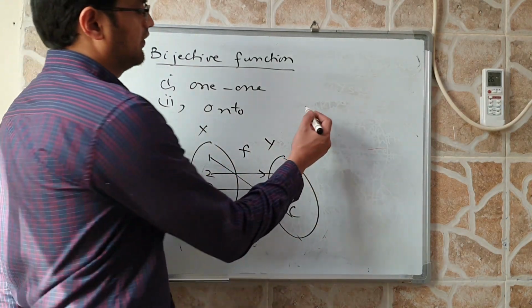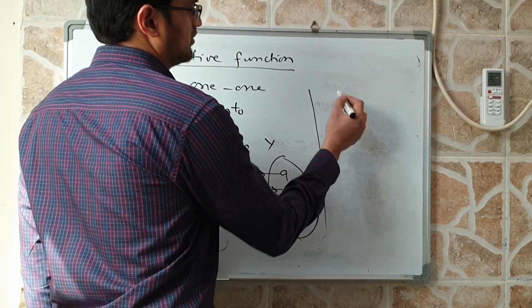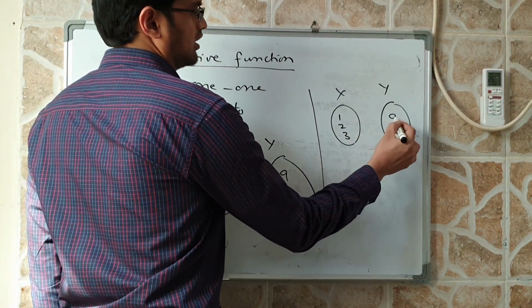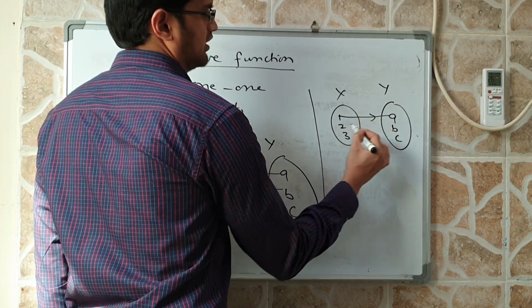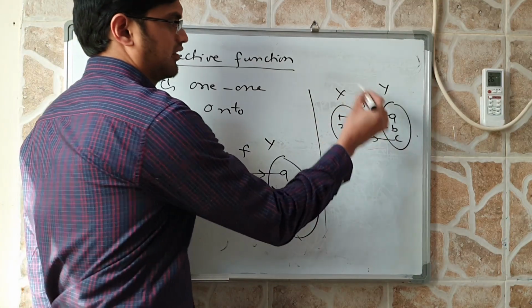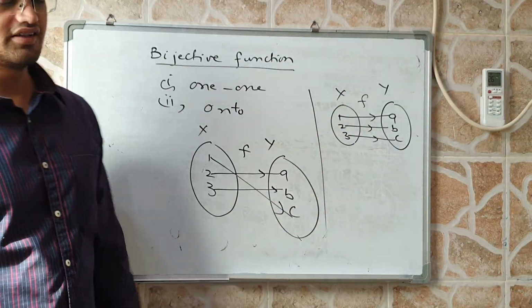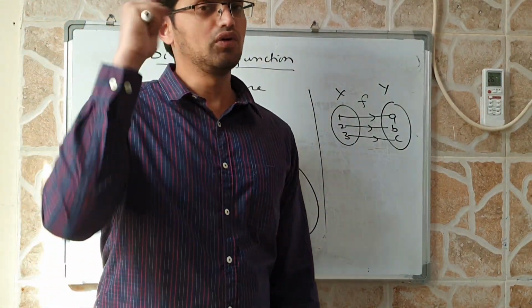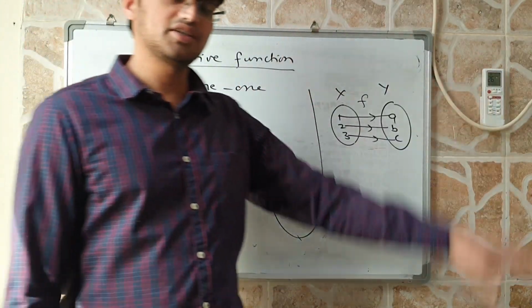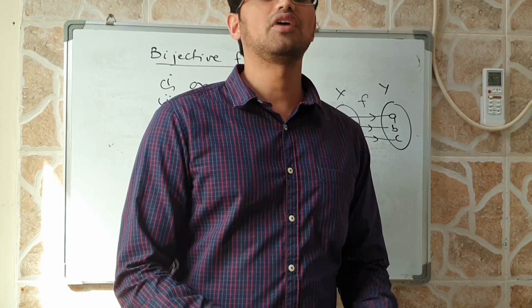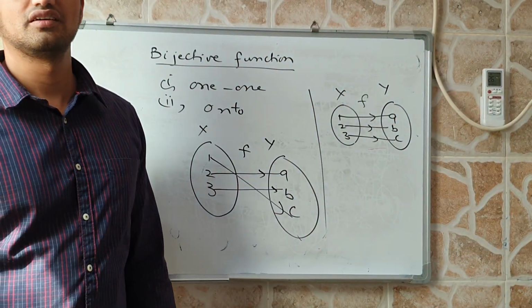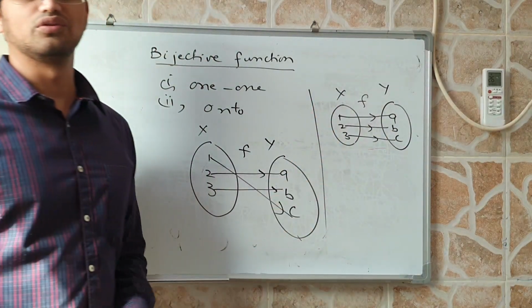So I can define one more example. Same thing, X and Y. I'll take 1, 2, 3, A, B, C. Directly I'll define like this. This is a function f. Why I have taken this example? Because I want to tell you one more thing. Suppose there is a function which is bijective, 1-1 and onto, I can define a function from Y to X also.